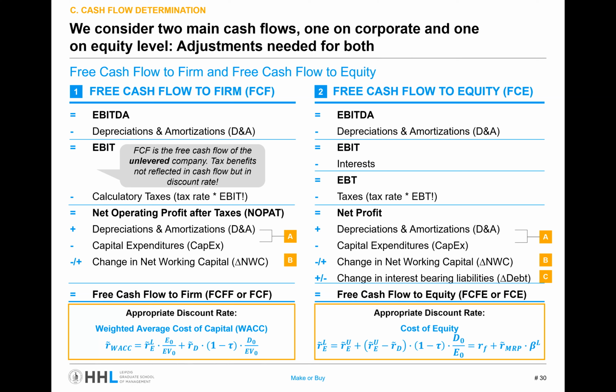The only thing that is a little bit weird here is that strange 1 minus tau. And that is the tax advantage of debt. Here in the free cash flow to equity, I just told you, we deduct interest, then we arrive at the EBT, and that is our base for calculating the taxes.